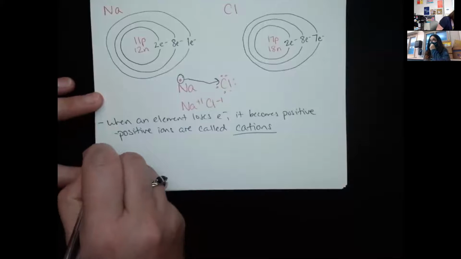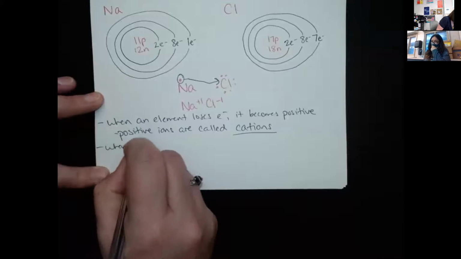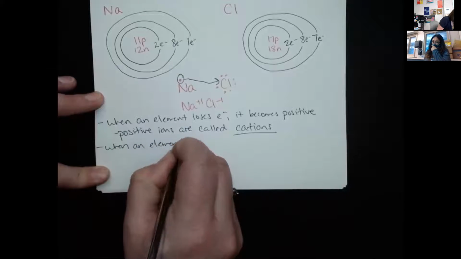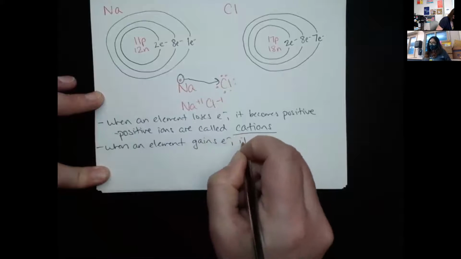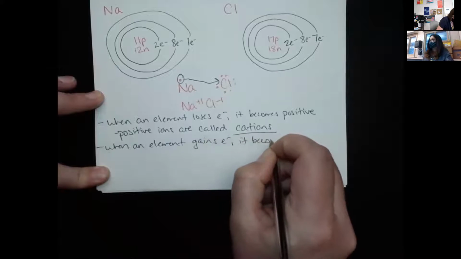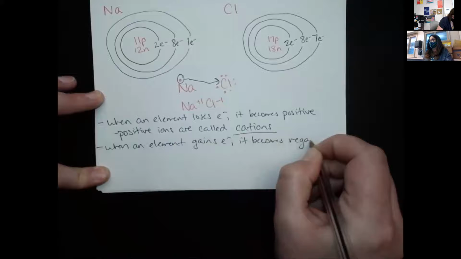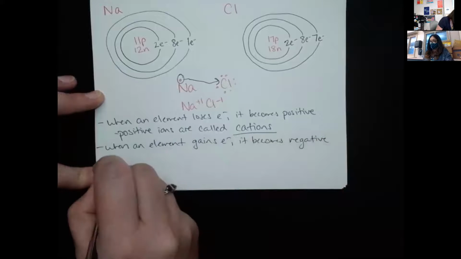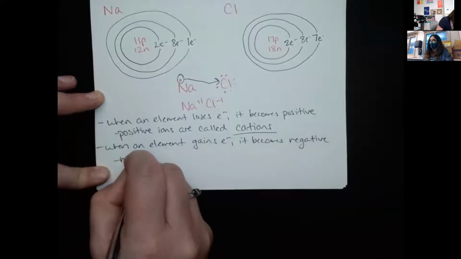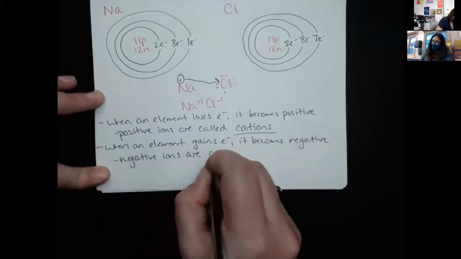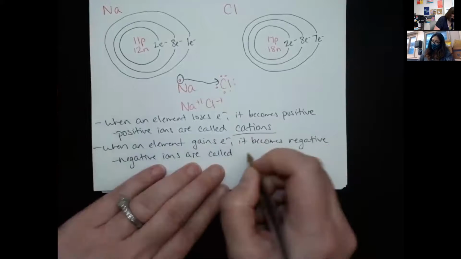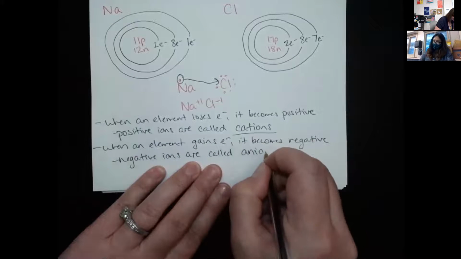When an element gains electrons, because electrons are negative, it becomes negative. Negative ions are called anions.